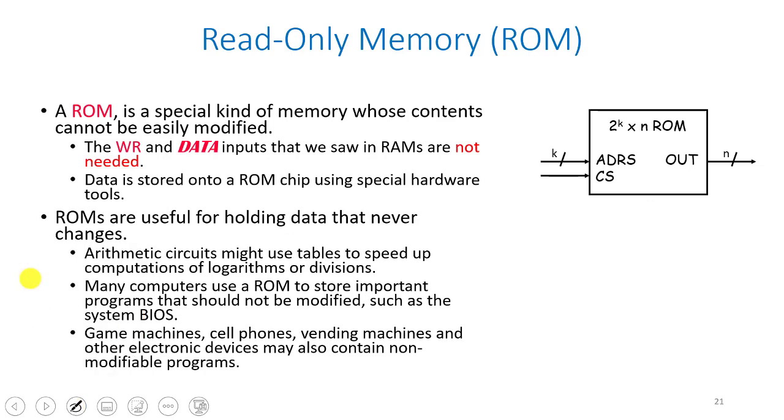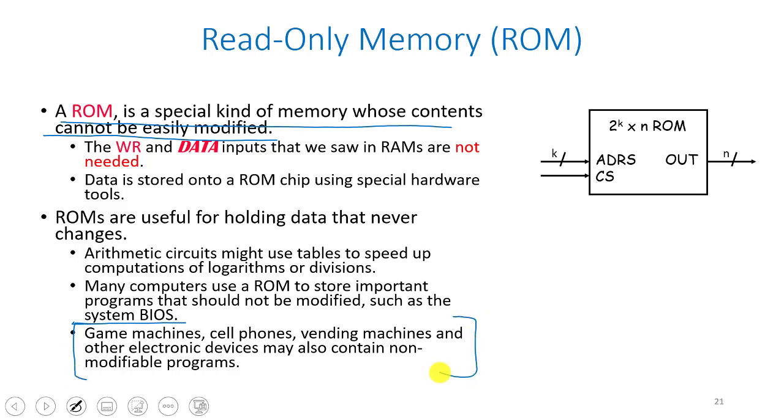ROM is a special kind of memory whose content cannot be modified easily. We only read the information from it. It holds the BIOS information, which is the startup information for any computer, and microcontrollers and all programmable chips have ROM.